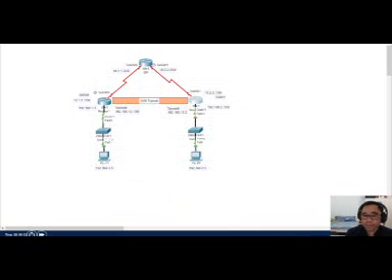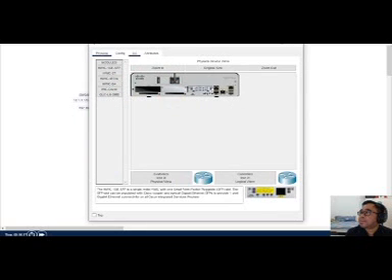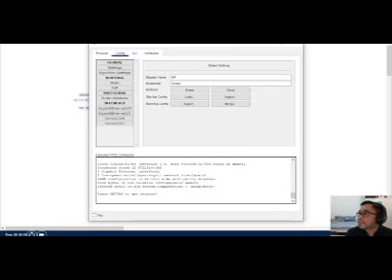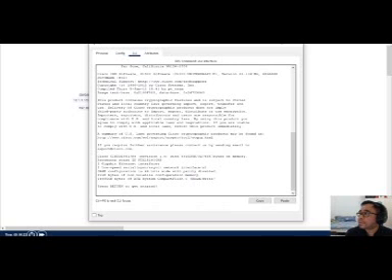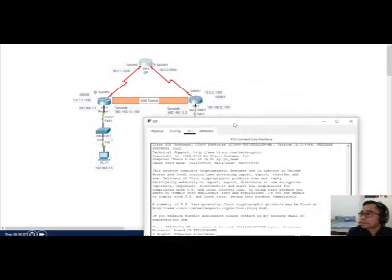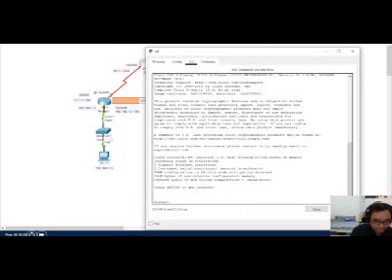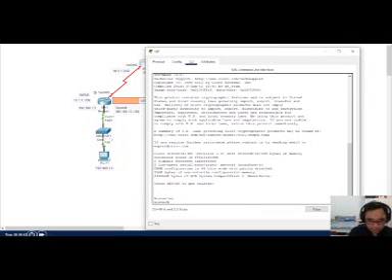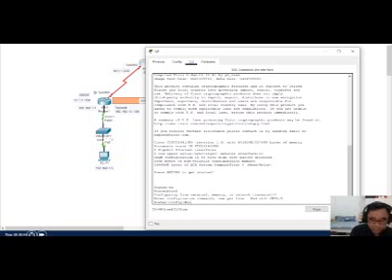Now we need to set the IP of this. So now we're in the ISP. Let's change the host name. Config. Okay, host name is ISP.